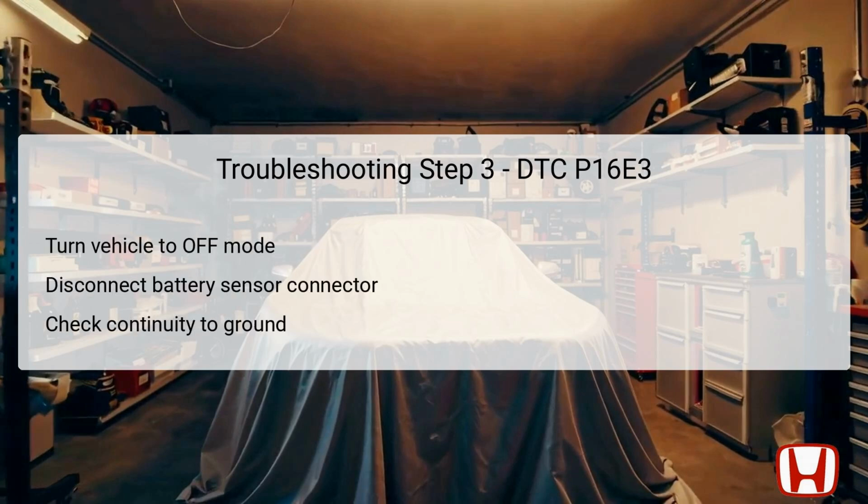Step 3 requires the vehicle to be turned off, which allows for safer inspection of the components involved. Begin by disconnecting the 12-volt battery sensor 3P connector. With the connector removed, continuity testing can be performed by checking between two test points. Specifically, continuity should be measured between test point 1, which corresponds to the 12-volt battery sensor connector terminal number 3, and test point 2, which is the body ground.